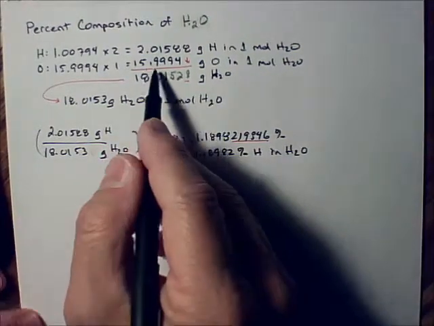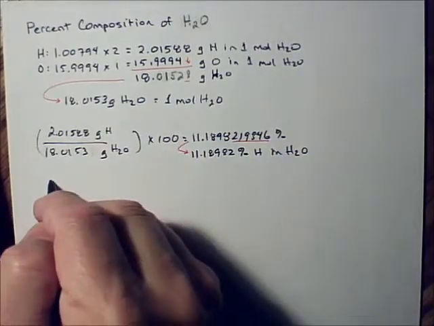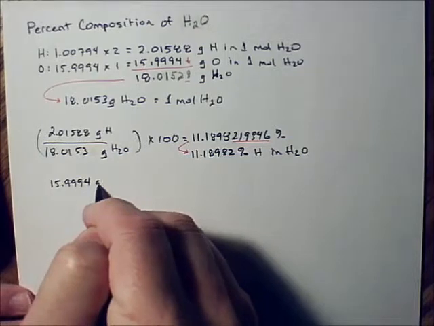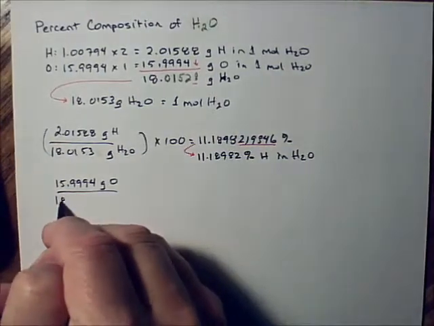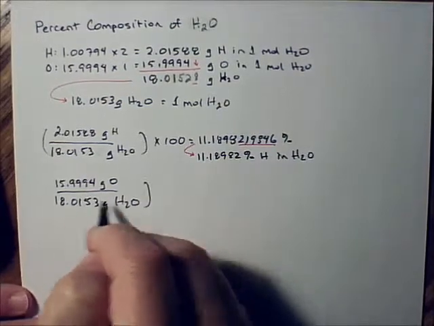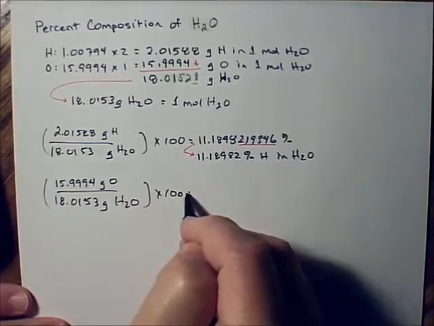And so we do the calculation for the oxygen in the same way. 15.9994 grams of oxygen over 18.0153 grams of H2O times 100.